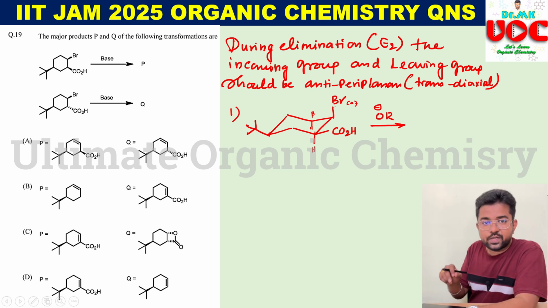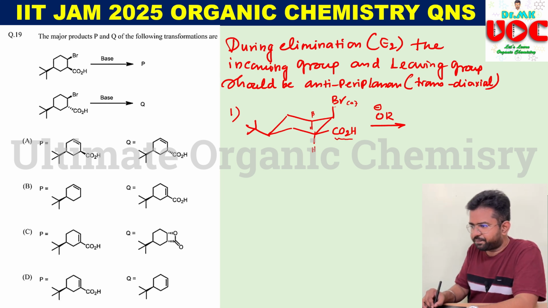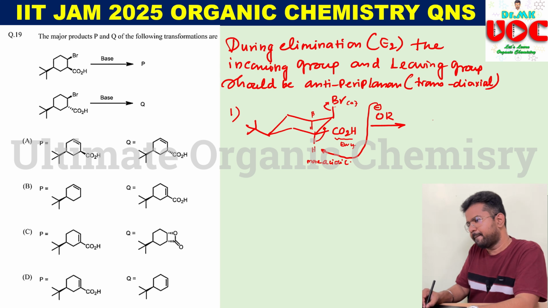Now you need to find out which will be more reactive. You know that this CHO group is an electron withdrawing group, and the hydrogen which is closer to the CHO group will be more acidic. What happens here? The base takes this acidic proton and the electrons shift over here, and Br minus will be leaving.